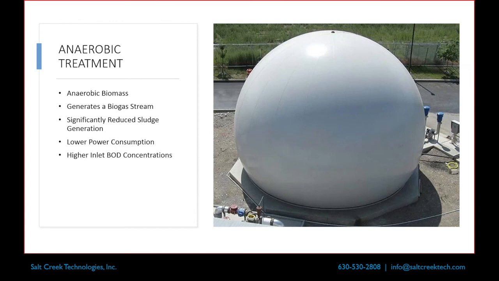This is a biogas holder, so this can go on top of an anaerobic system, and it's there to hold and provide some storage for the biogas for a period of time, rather than needing to immediately use it or flare it off. So it's just a way to more effectively use your biogas over a period of time.